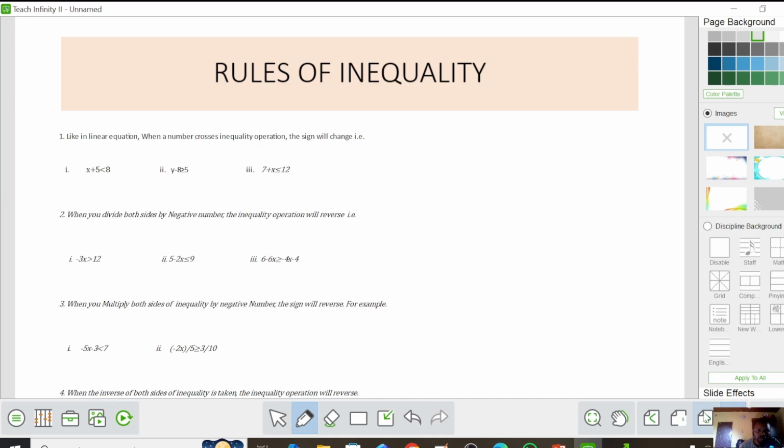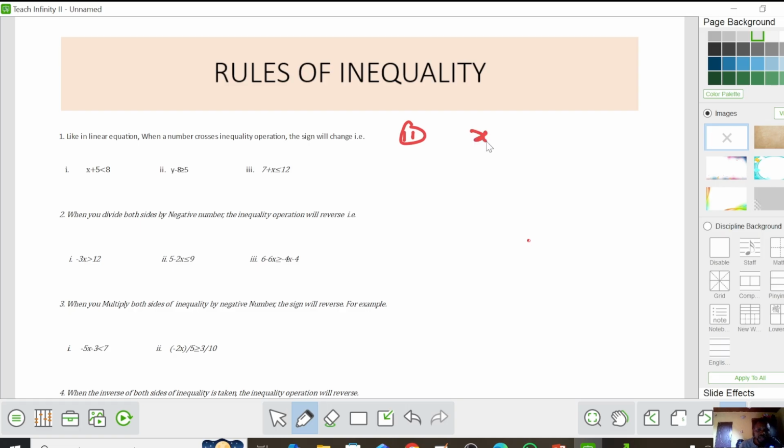There are some rules of inequality that we must take note of. The first rule of inequality is like in the linear equation; it also works like a linear equation. Whenever a number crosses the inequality sign, the operation sign of that number will change.